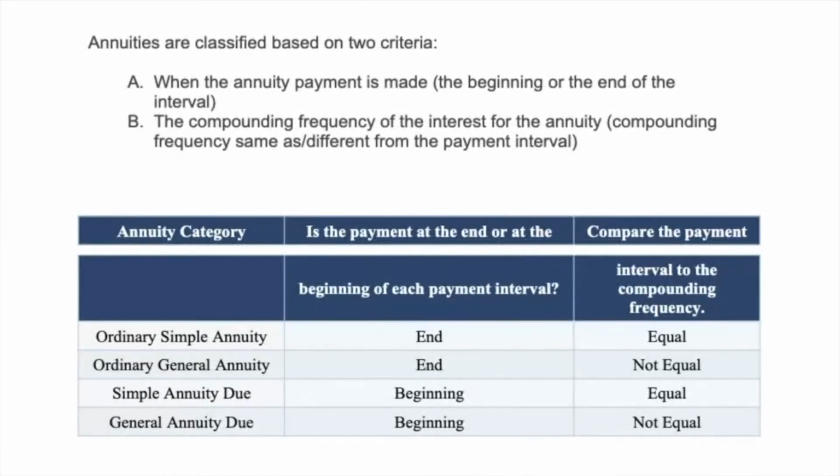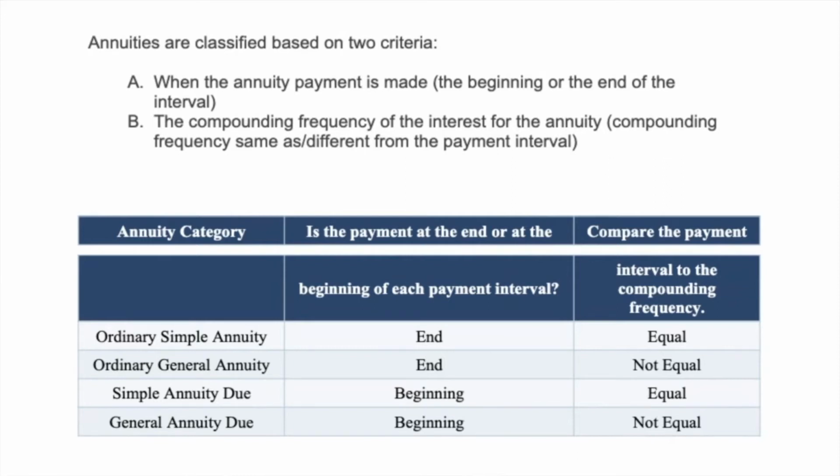Now, here's the hardest part in this concept of annuity: the potential out of kilter in terms of how we calculate it. Annuities can be classified on 2 criteria. First, whether the annuity payment is made at the beginning or end of the period. We talked about this idea of an annuity versus an annuity due.